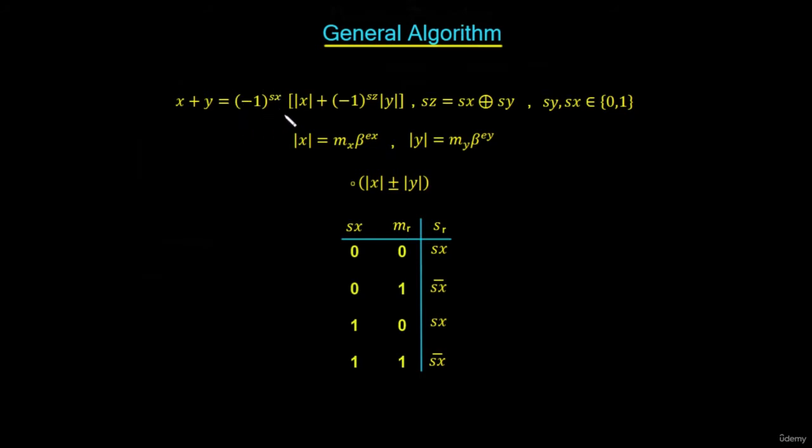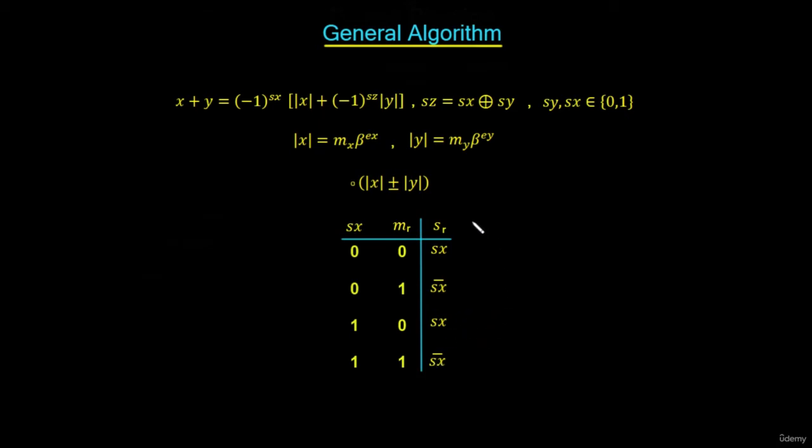Now, we mentioned there was a complication: if the mantissa for the result, that is, if the value inside this bracket, was actually a negative value, which is this option here and this option here, then the final sign for the result is going to be given by the complement of the sign of x, and also the complement of the sign of x here.